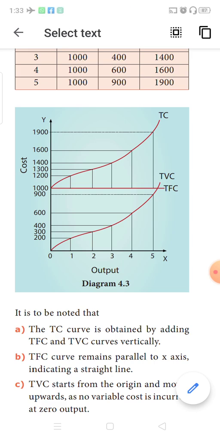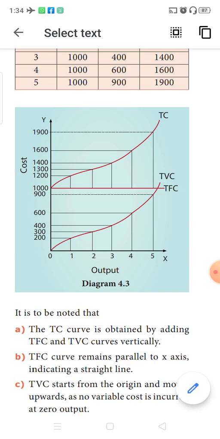Now TC curve, that is total cost curve. Total cost curve is a combination of TFC and TVC. You could see the total cost curve starts from 1000. The reason why it starts from 1000 is TC includes TFC plus TVC. So when 0 units are produced, 1000 is the total cost incurred.